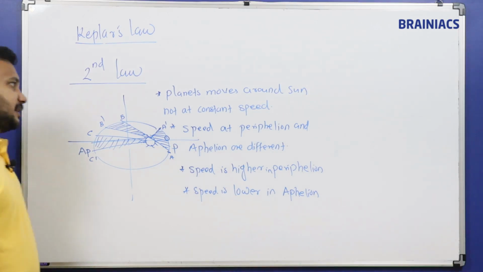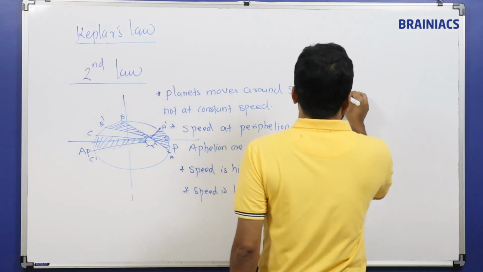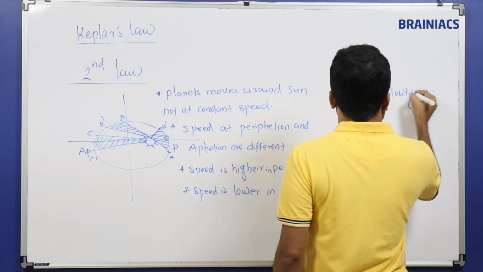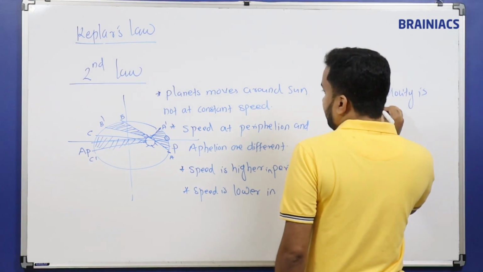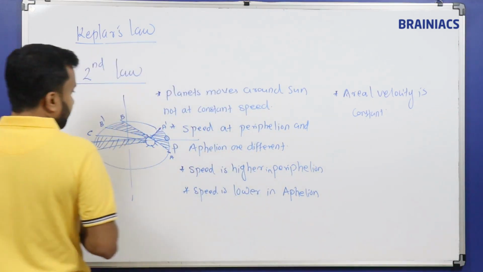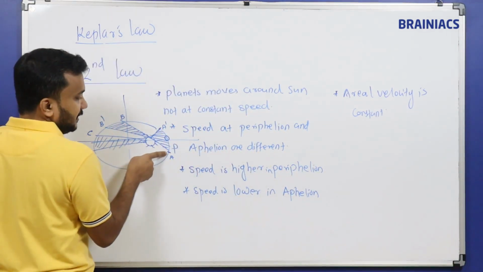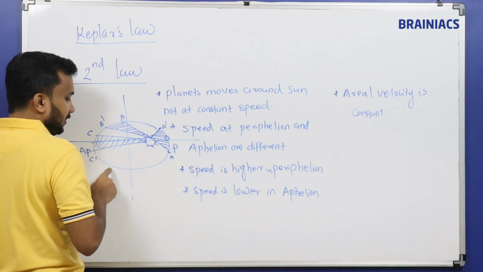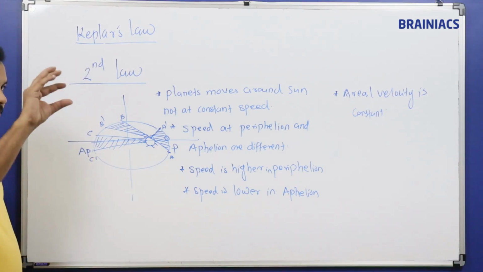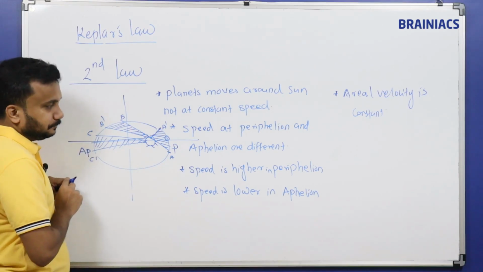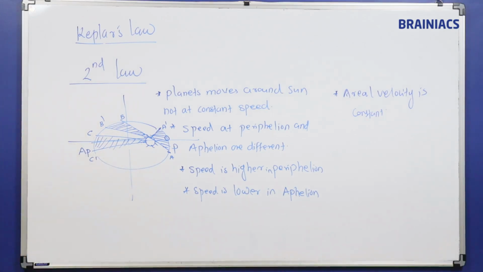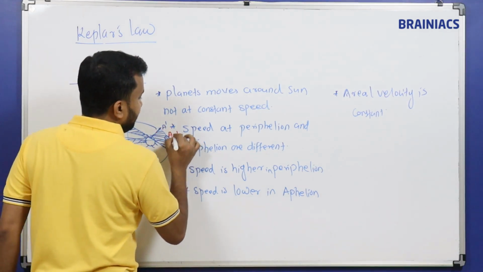One more statement of the second law involves a term called aerial velocity. Aerial velocity is constant. I'll tell you what aerial velocity is. Now I have taken three points in the diagram. Suppose the satellite starts from A to A dash, from A dash to B, B to B dash, C to C dash, then goes on and reaches A. So I have marked three sections. From A to A dash, the area covered by the satellite is A1 and the time is T1.